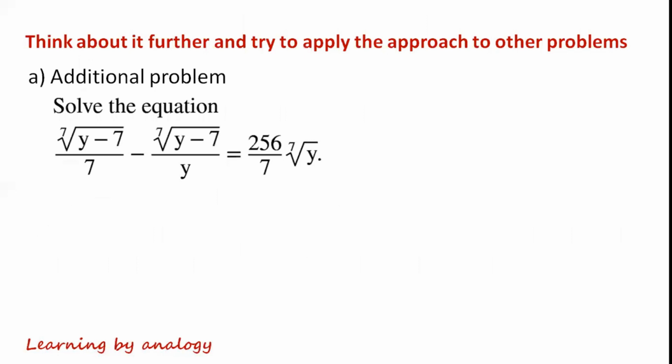Solve the equation: the 7th root of y minus 7, over 7, minus the 7th root of y minus 7, over y, equals 256 over 7 times the 7th root of y.